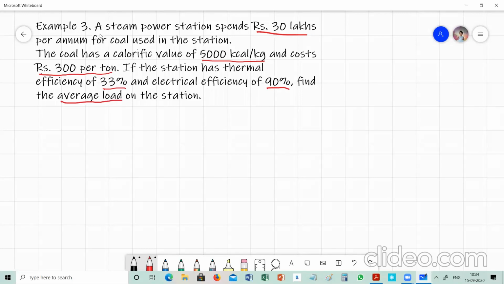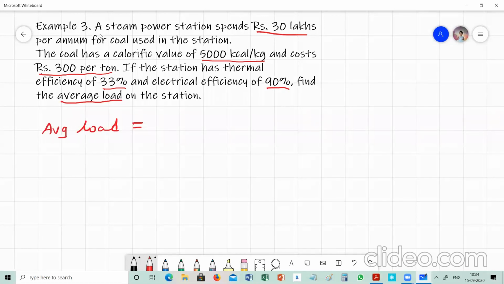We will see how we can calculate the average load. By observing the example, we have to select which formula we have to use. Whether they are given the load factor or whether they are given total units of energy generated annually, using that data we can calculate average load.